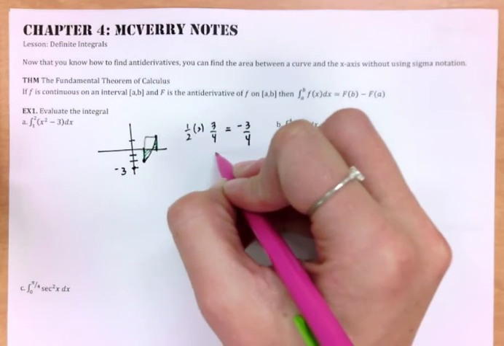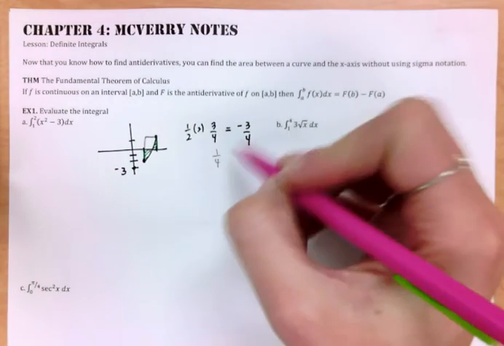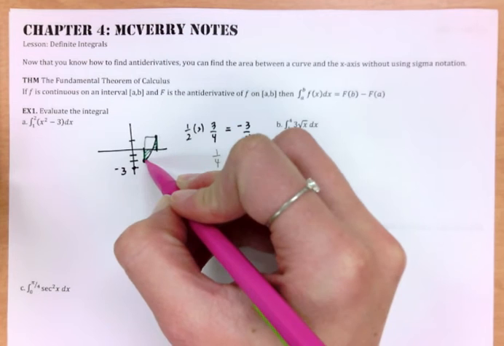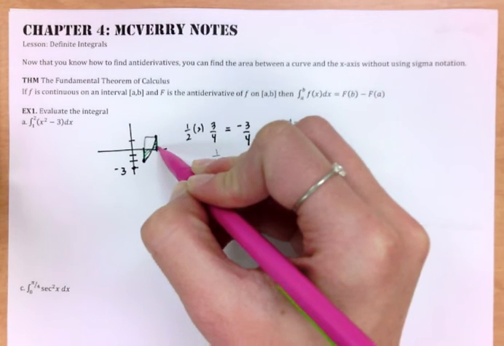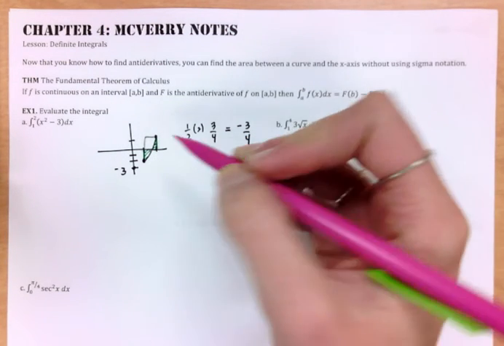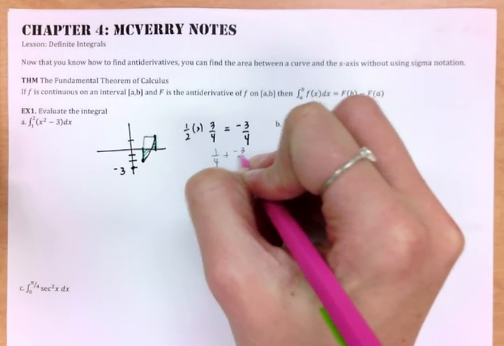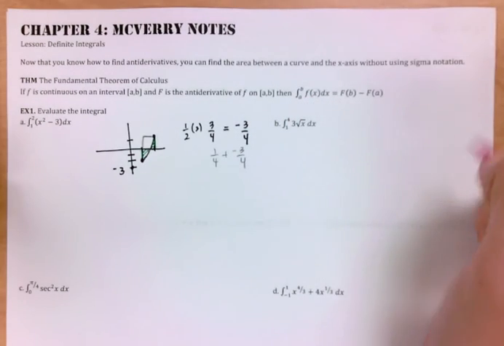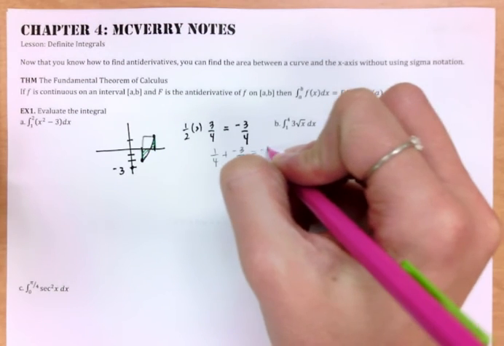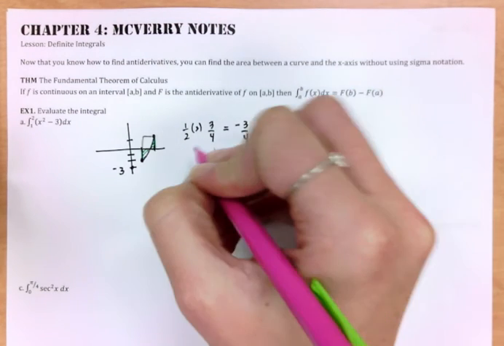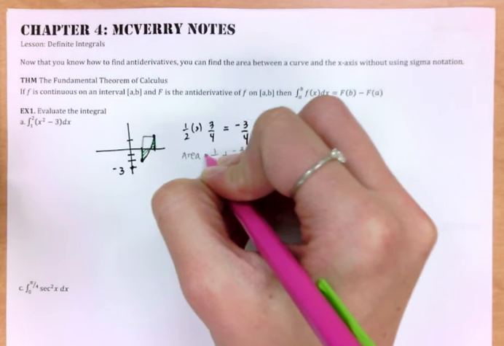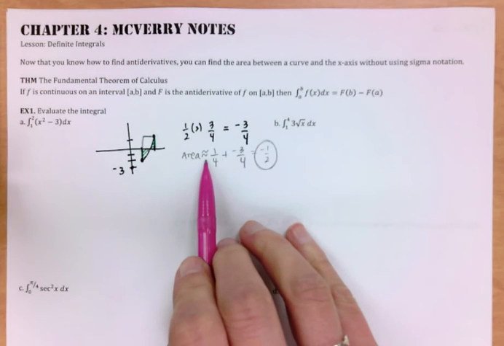So if that area is positive a quarter, and this is negative 3/4, then that plus my negative 3/4 would get me negative 2/4, which is negative half. So that would be my approximated area. So definitely squiggly, right? Definitely an approximation.